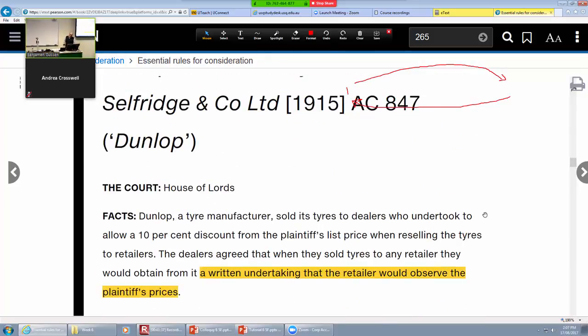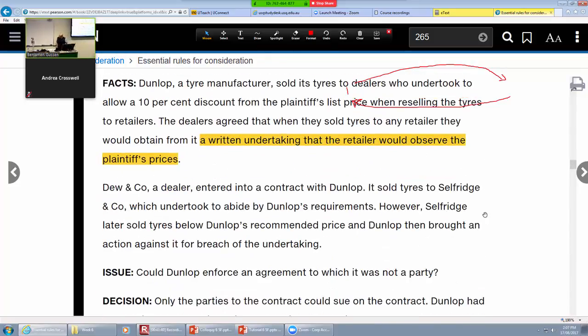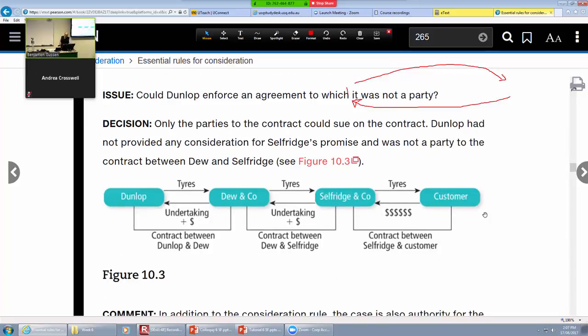So if you go on page 264, this is a case that says consideration must move from the promisee. Let's continue. The decision. So the question was, could Dunlop then enforce an agreement to which it was not a party? So this is a principle we call the privity of contract. We'll talk about it later, we'll talk about validity. Okay?